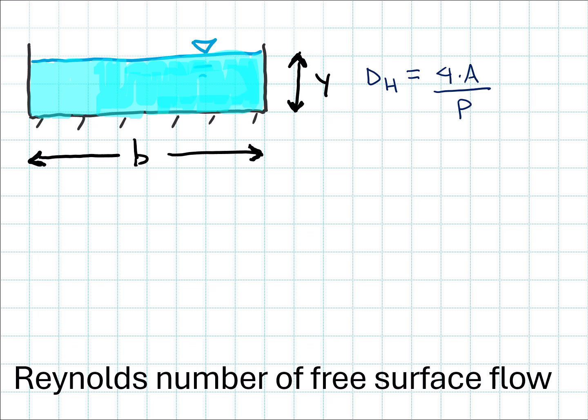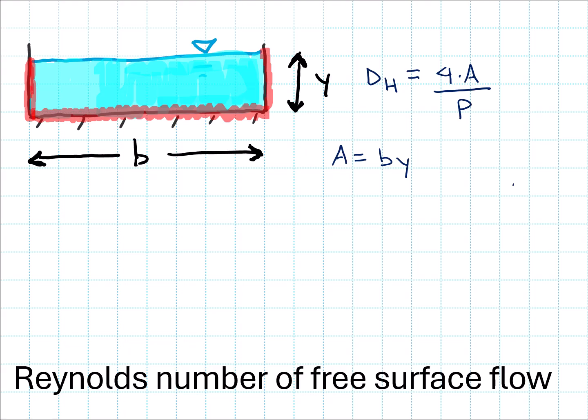And so for a rectangular flow area like the one that we have here, my cross-sectional flow area is just going to be b multiplied by y, and my wetted perimeter, again, this is going to be all the length over which the water is touching a solid. So kind of right along this red dashed line that we can see here, that will be our wetted perimeter.